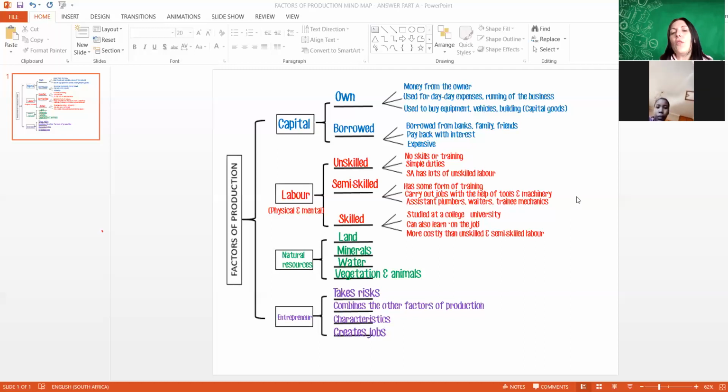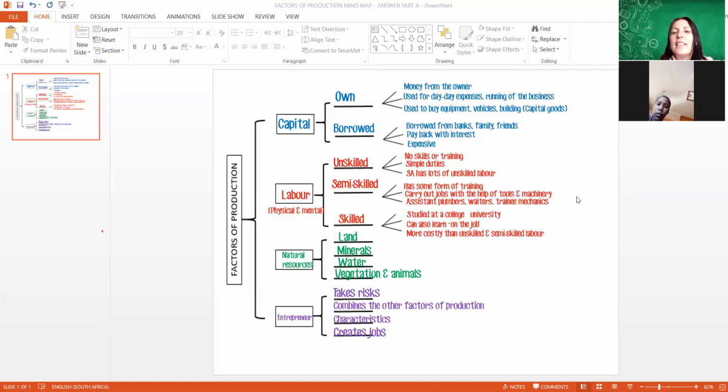And there we think of people like waiters, assistant plumbers, or people who are training to become a mechanic, or even hairdressers, trainee hairdressers. Anybody who's learning a specific skill and is undergoing some training in order to be able to do a specific job. Who wants to add something there? Mutitsi or Matsatsi, I see you also there. Please ask and please add.